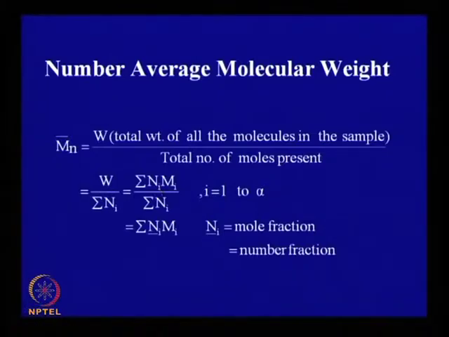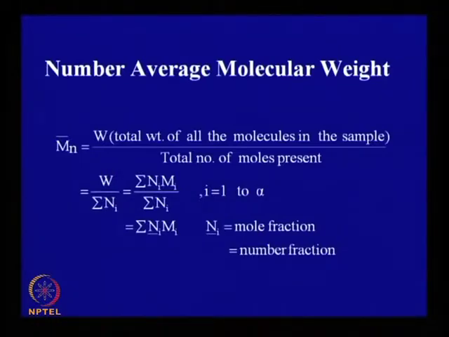So, the sum of this total mass is the weight of the polymer we have taken for determination of molecular weight. In the denominator, you see the sum of Ni, which means the total number of moles present in the mass.